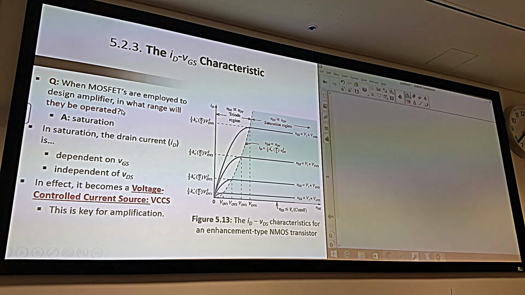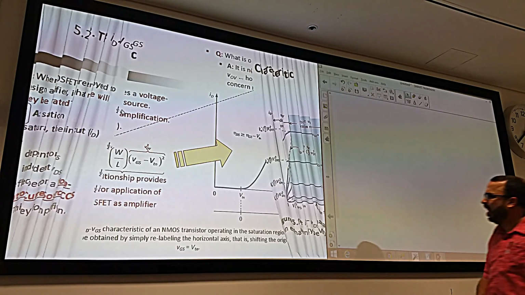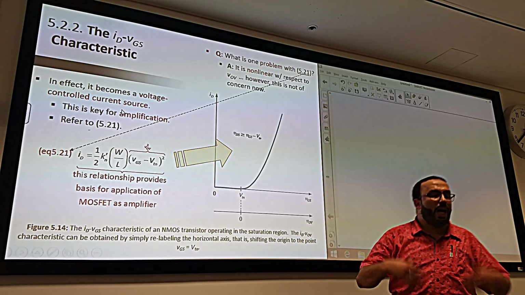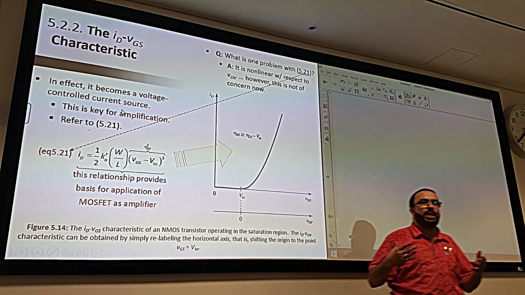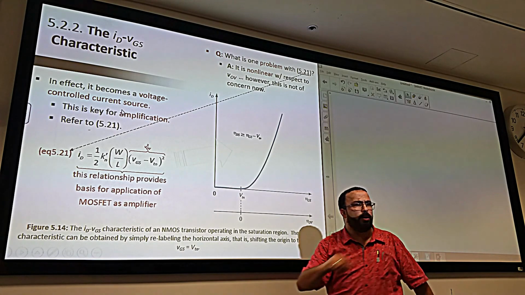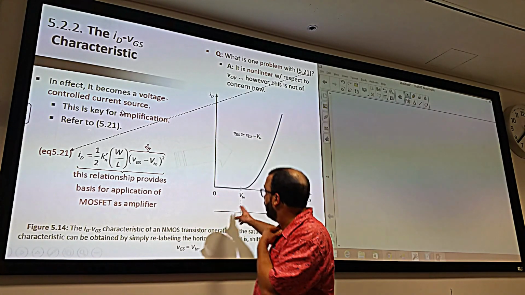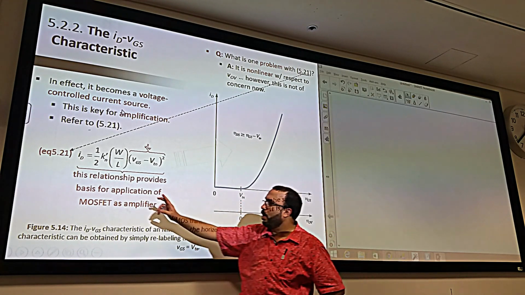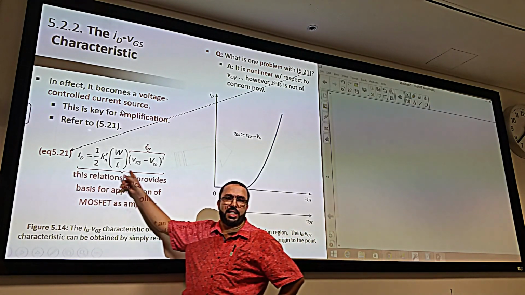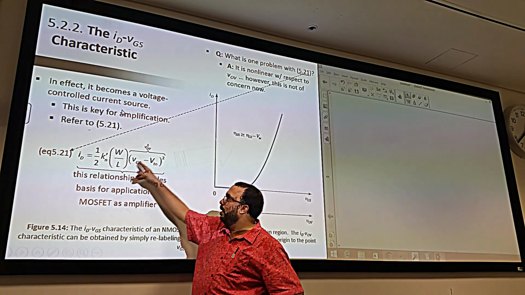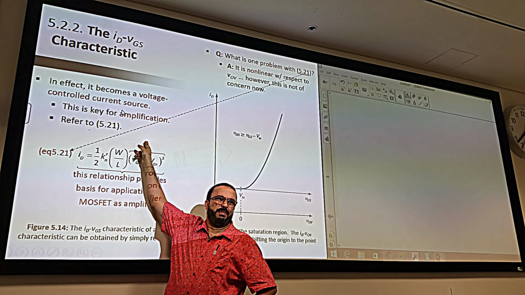Good. So if we are in saturation, how does this control voltage control our current? That's what we show in this graph, by taking the equation of the current in saturation. It is half kn prime W over L times V overdrive squared, yes or no?